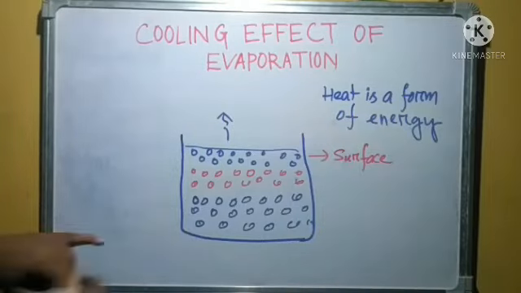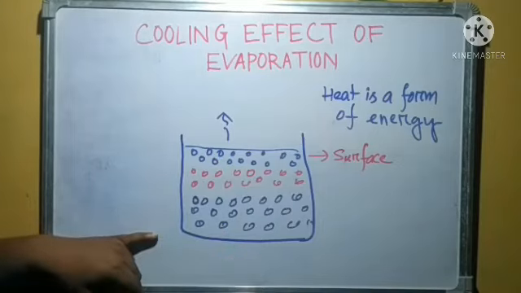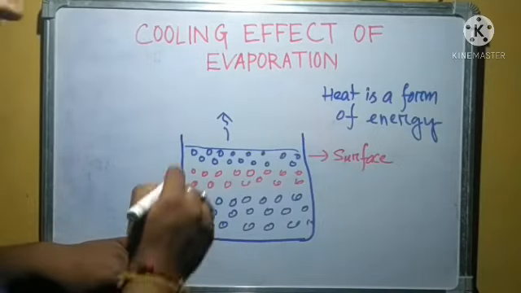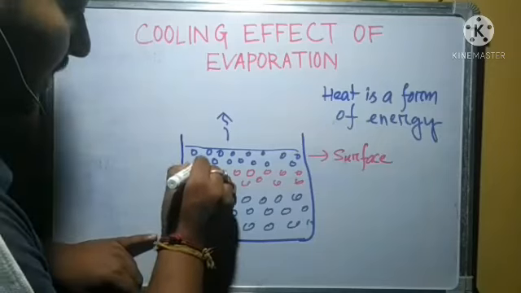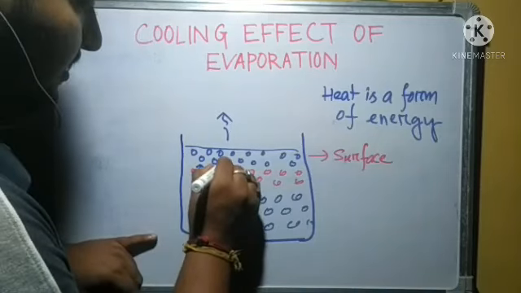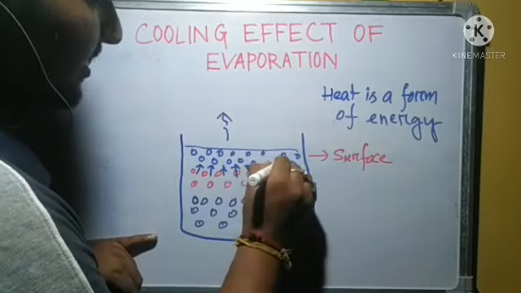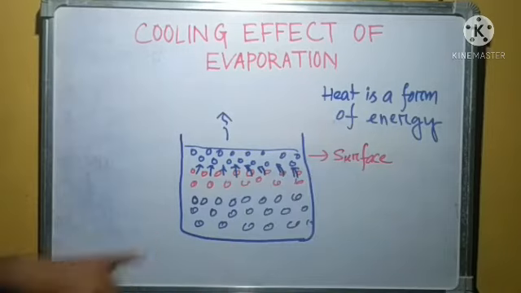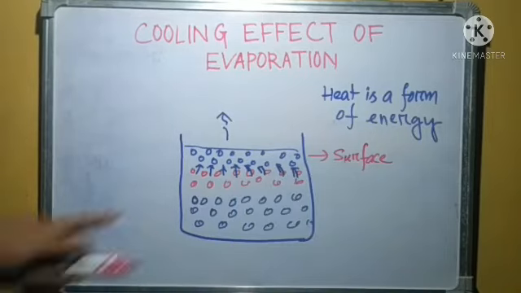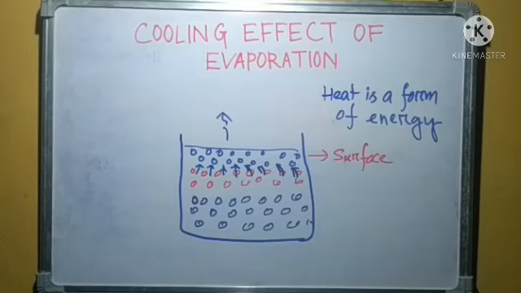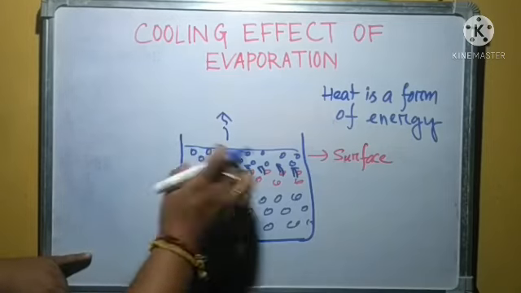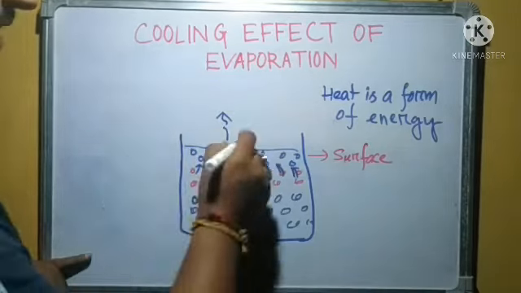So these particles need some extra energy and they will take it in the form of heat. They will take energy from the particles below the surface. The particles at the surface will draw energy in the form of heat from the particles below the surface, and then they will have higher energy than the force of attraction and they will evaporate.